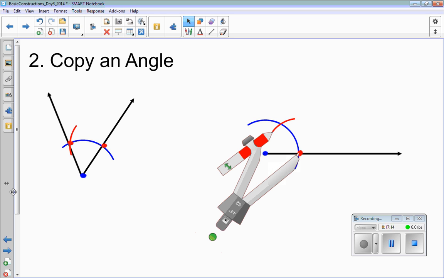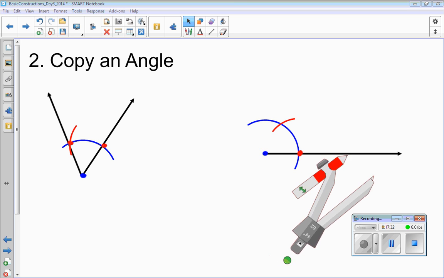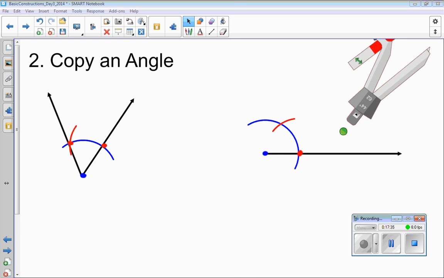Okay? So you want to create an X. That little X that we formed created a point. So now I can actually finish making the angle. Let me pause for just a second. Once I've made those construction marks, again, never erase them.